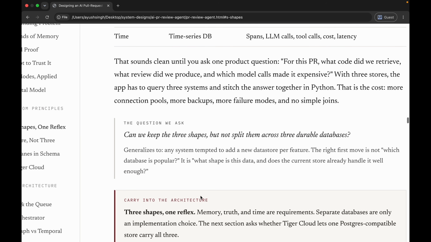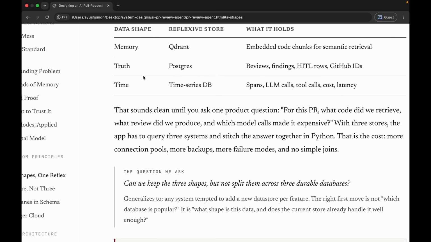Now, if you understand, the obvious question is: can we keep the three shapes? We don't want to compromise on the shapes which we want, but instead of using three different durable databases, can we put it into some current store which can handle all three data shapes on its own, rather than having three different data stores per feature?